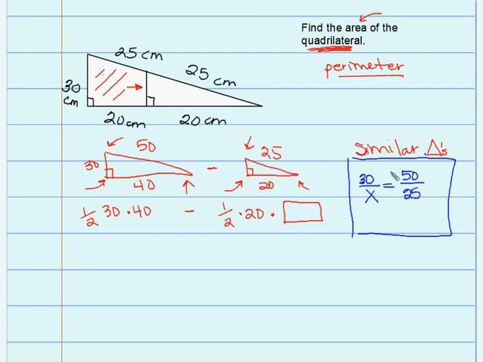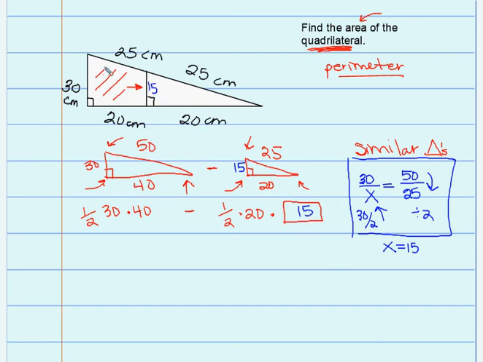Okay, and remember, if you can't go side to side, you can go up and down. So this would be divide by 2. Divide by 2. So I would have to take 30 divided by 2 to get my x value. So x has to be 15. So I now know that this side length is 15, and this up here is 15 as well. So I can plug that in there.